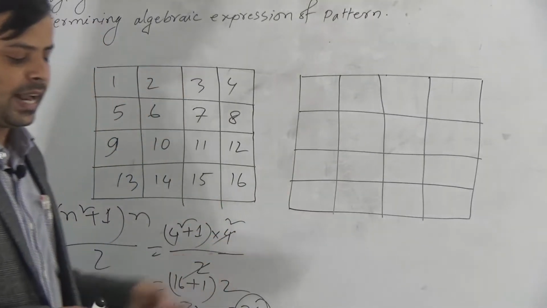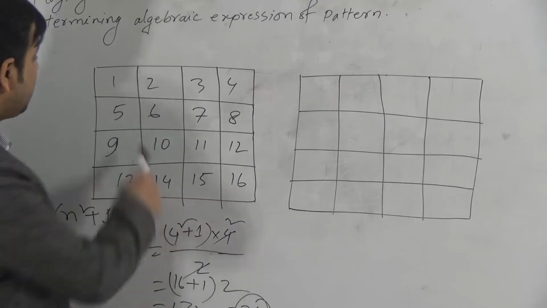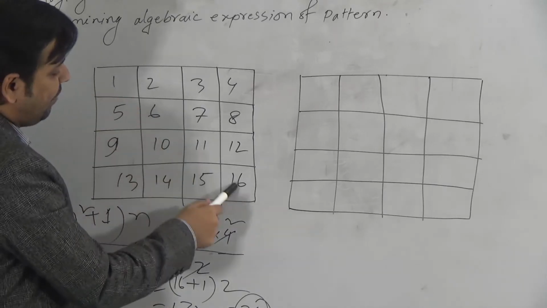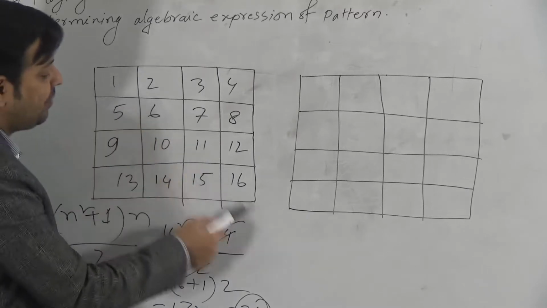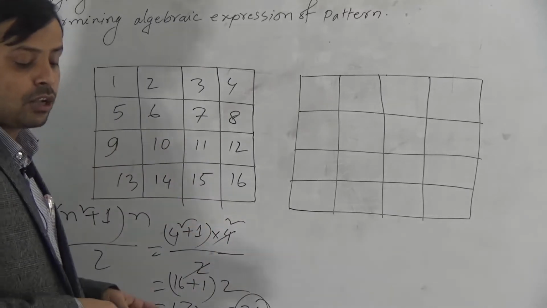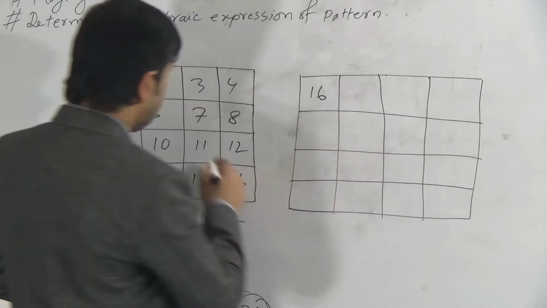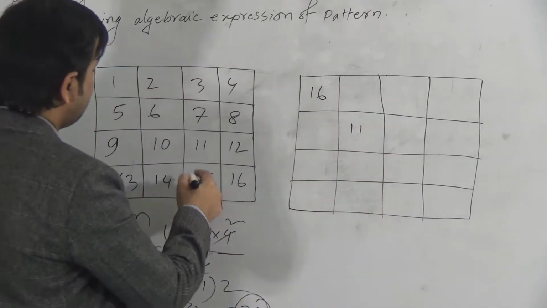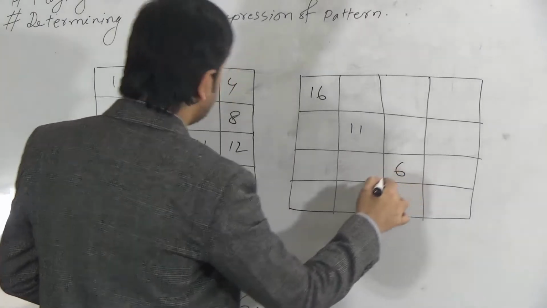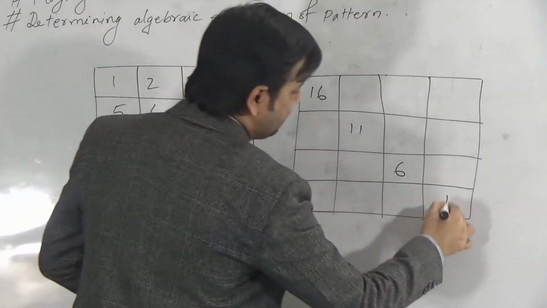Okay, dear students, at first you need to remember that just here is a diagonal 1, 6, 11, 16. Write this diagonal conversely, arranging the numbers conversely. So write here 16, here is 11, write here 11, and then here is 6. So write here 6, and in the first grid there is 1, so you have to write here 1.